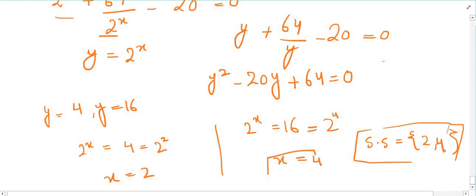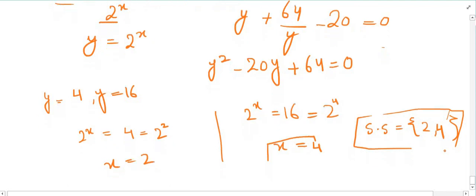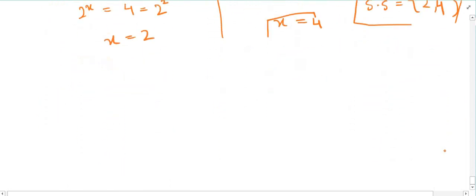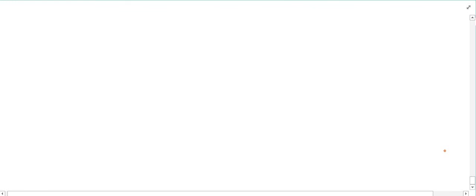Okay, 2 and 4 are the roots of the given exponential equation.